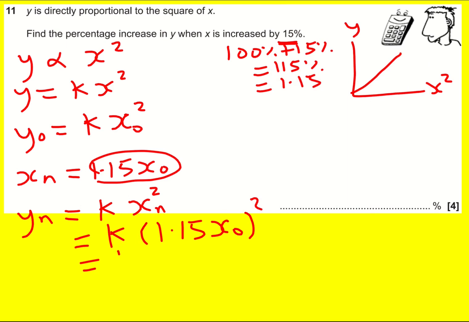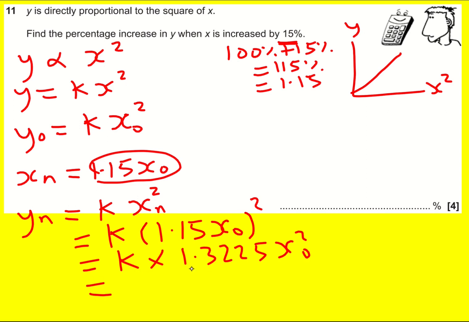So it's going to be k times 1.3225 x old squared. What I've done is, look, I've sort of expanded the bracket. I've squared the 1.15 and I've squared the x old.